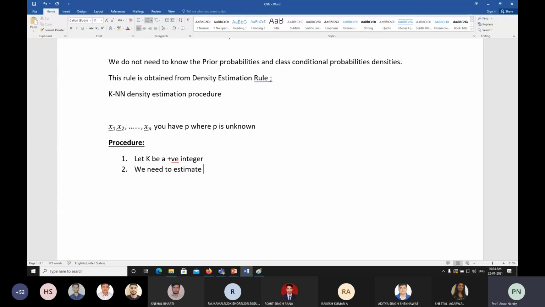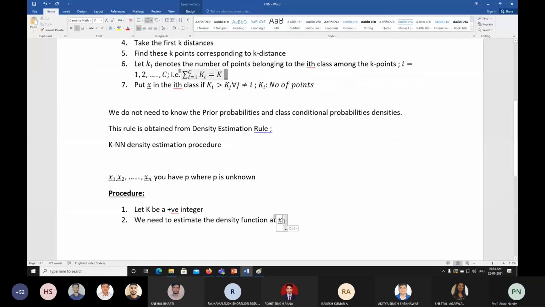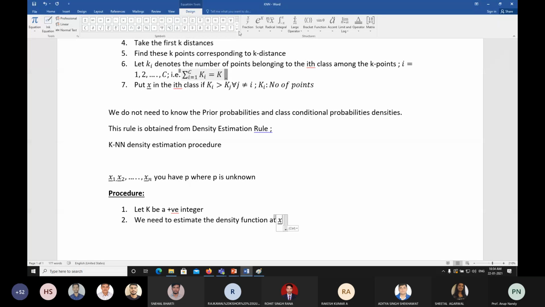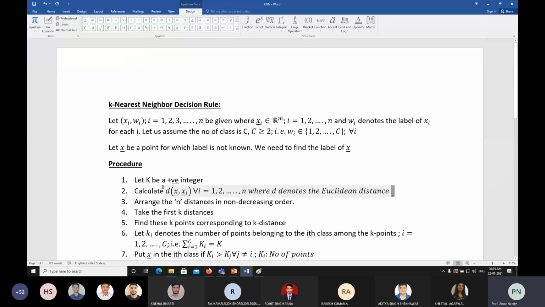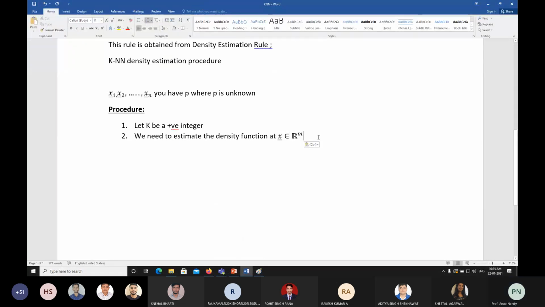We need to estimate the density function at x in R^m.